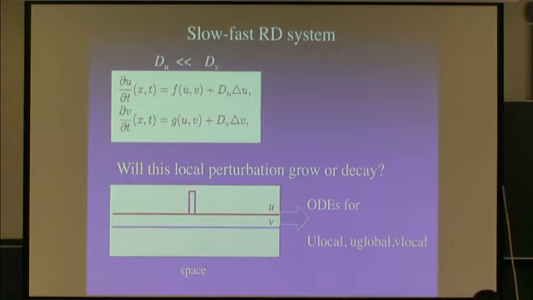So think of this as taking the cell and kind of poking it in one place. And the question is, what's going to happen? Is this local perturbation going to grow into some kind of interesting response, or will it just fizzle and decay away back to nothing? In other words, will something interesting happen or not?